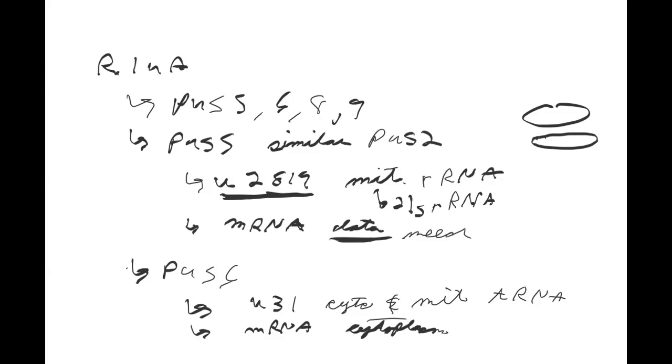All right, now the PUS6 is dealing with changing the U31 position in the cytoplasm and in the mitochondrial transfer RNA. Also deals with messenger RNA in the cytoplasm. Okay.